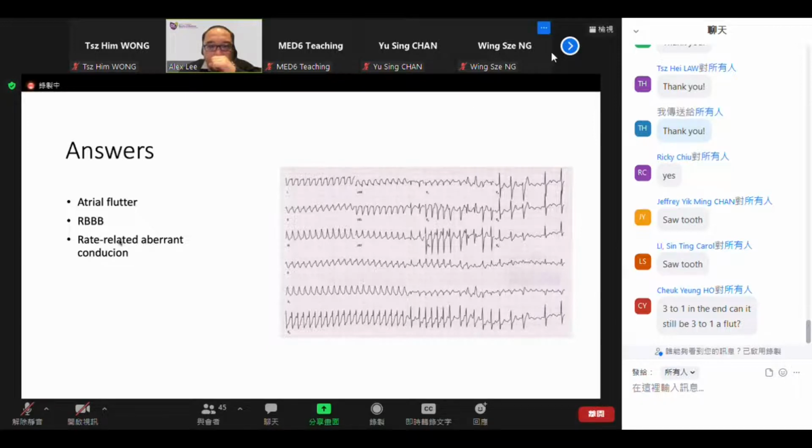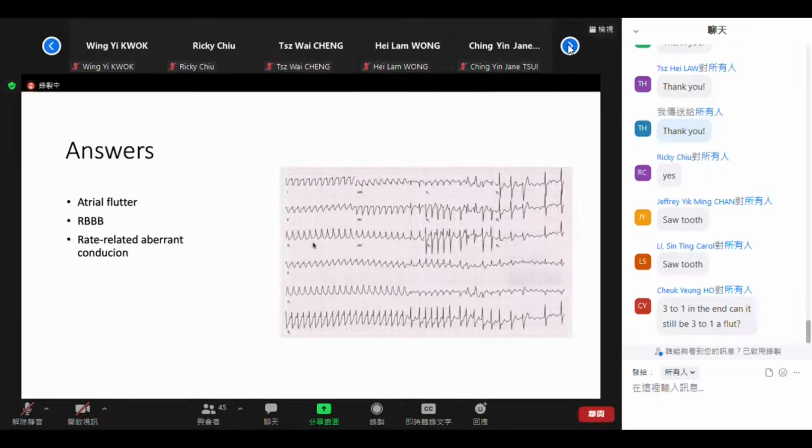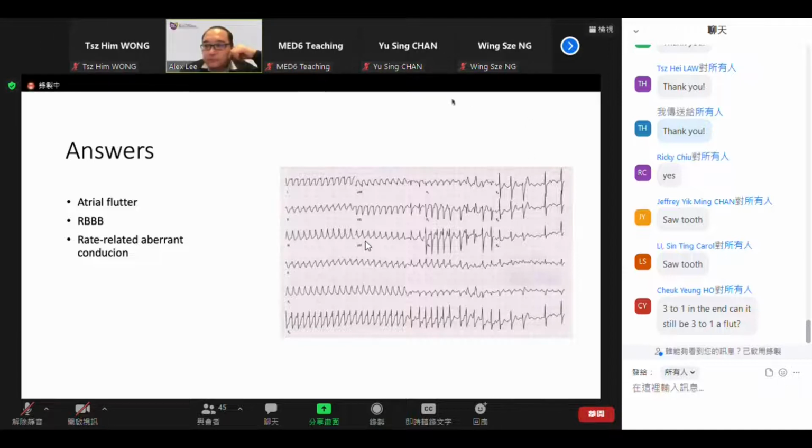Can it still be 3 to 1 atrial flutter in the end? Right. So I think you're referring to the question Ho Young asked, whether at the end we can call it a 3 to 1 atrial flutter, because the shape of the atrial wave is no longer sawtooth anymore.